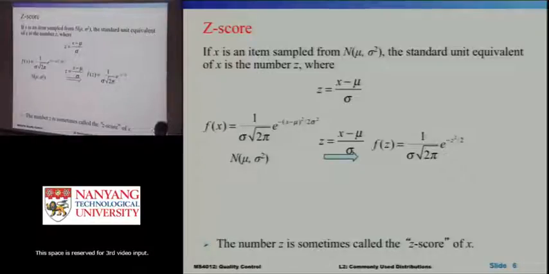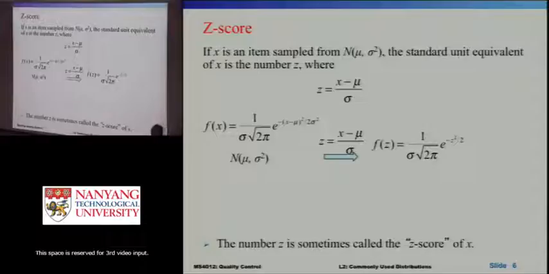Then what will happen to the sigma square? It will cancel, and here we only get minus z square over 2 left, right? For this part, I just keep it the same.